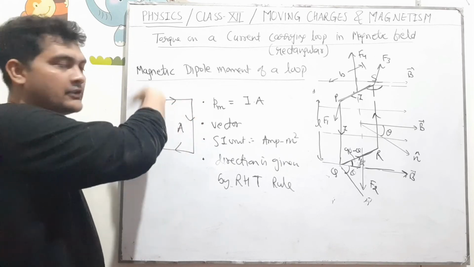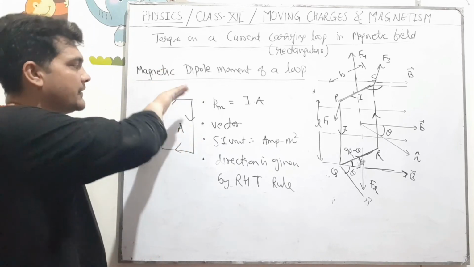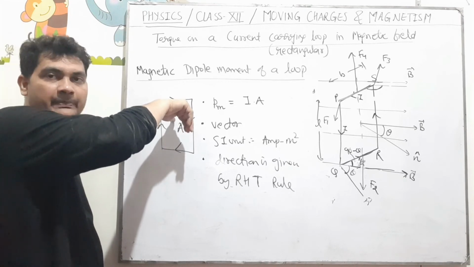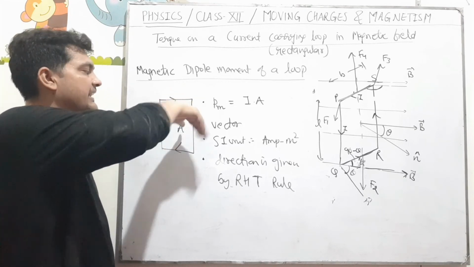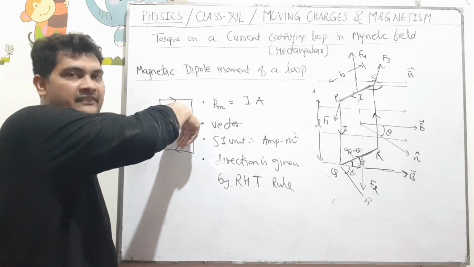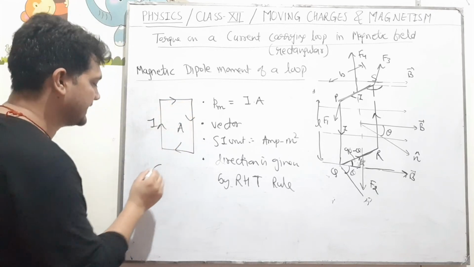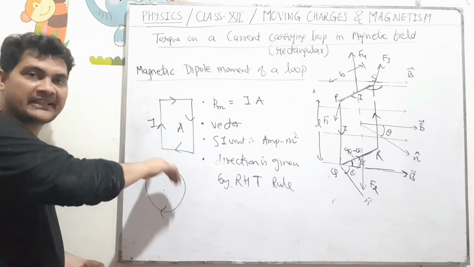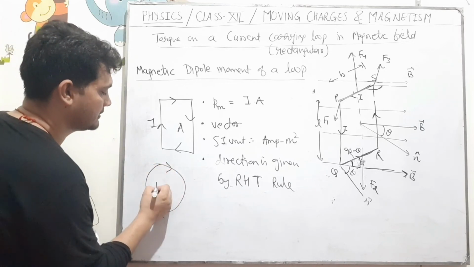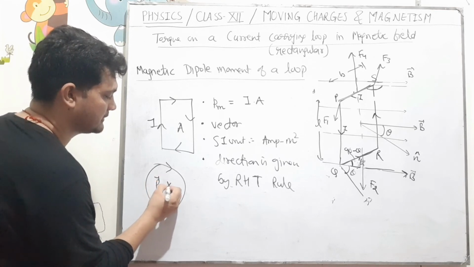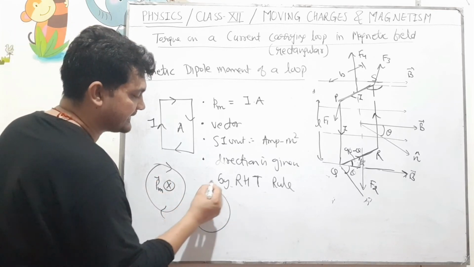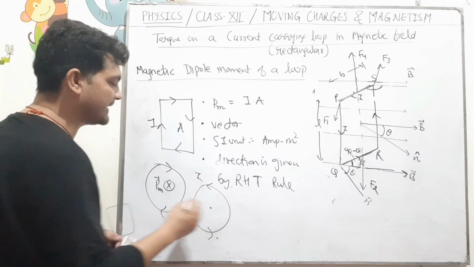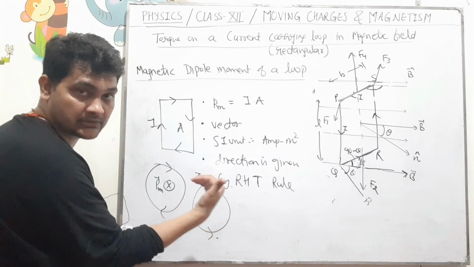If current is in clockwise direction, then keep the fingers in the direction of current, and the thumb gives the direction of magnetic dipole moment. So magnetic dipole moment is in inward direction. And if the current is in anti-clockwise direction, then magnetic dipole moment is outwards.